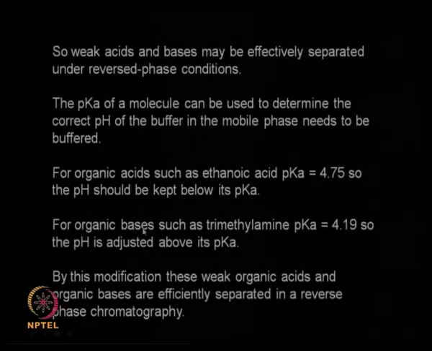So for organic bases such as trimethylamine, pKa is 4.19, so the pH is adjusted above its pKa, so we go to higher pH so that it does not get ionized. So by this modification, these weak organic acids and organic bases are efficiently separated in a reverse phase column.